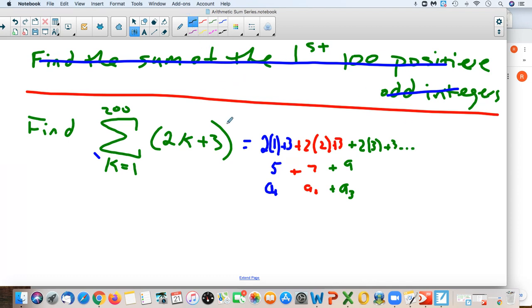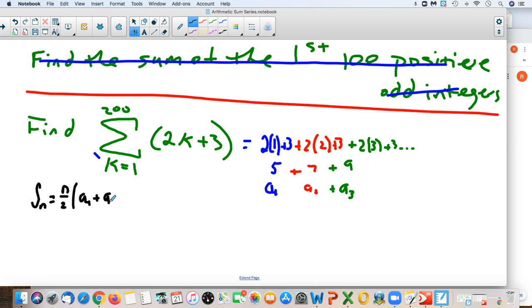We're now going to say, I want to find the sum of these. To find the sum, we think about the formula of a sum of arithmetic series because they have a common difference of 2. So it's going to be n over 2 parentheses first term plus last term.